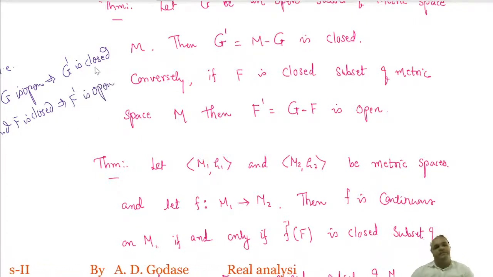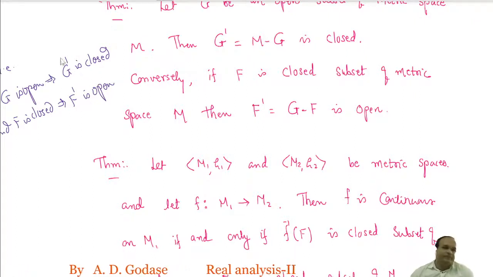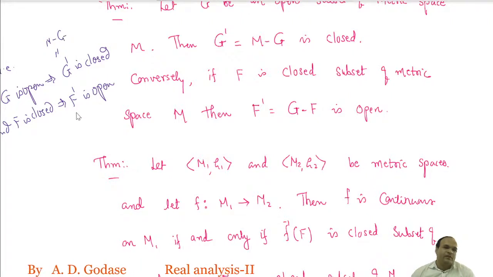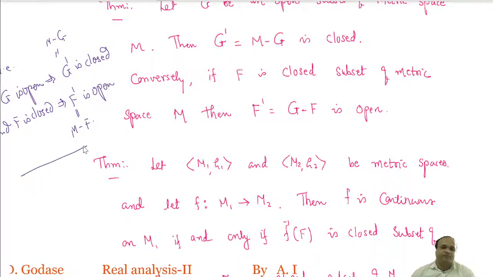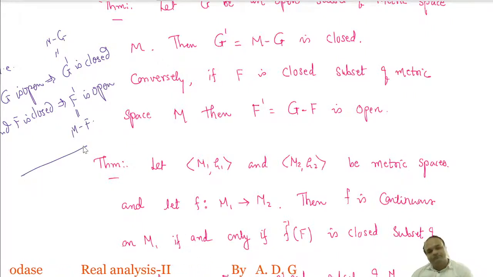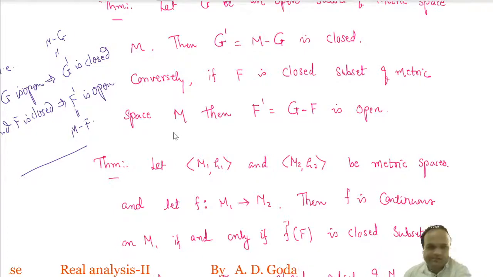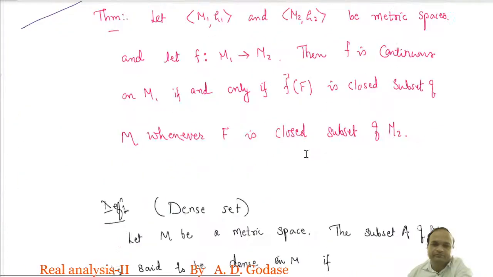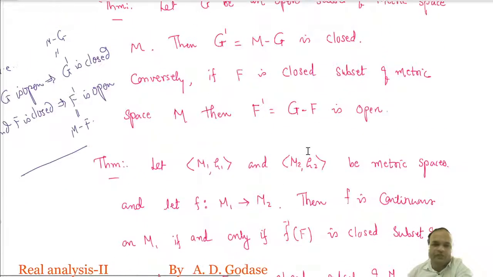G dash means the complement in M, that is M minus G, and F dash is M minus F. So it is always true. So, next theorem.